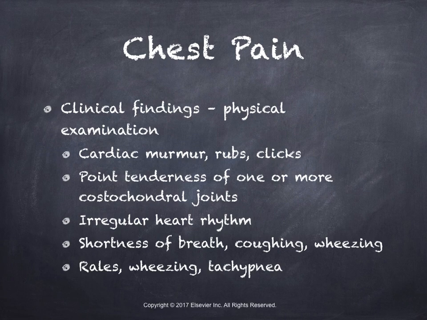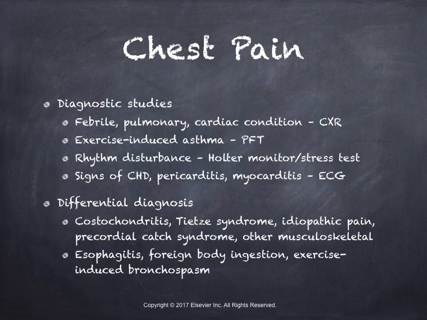Work them up for other causes of chest pain, such as pulmonary. Is it an asthma issue, or bronchitis, or pneumonia, or some other cause for chest pain? Depending on their presenting signs and symptoms, the findings during exam would warrant what type of testing.